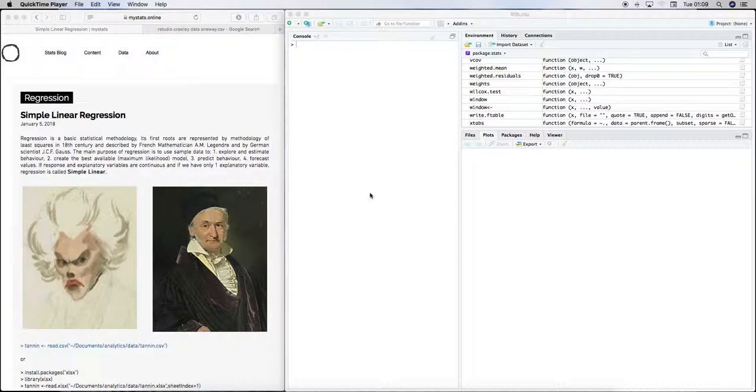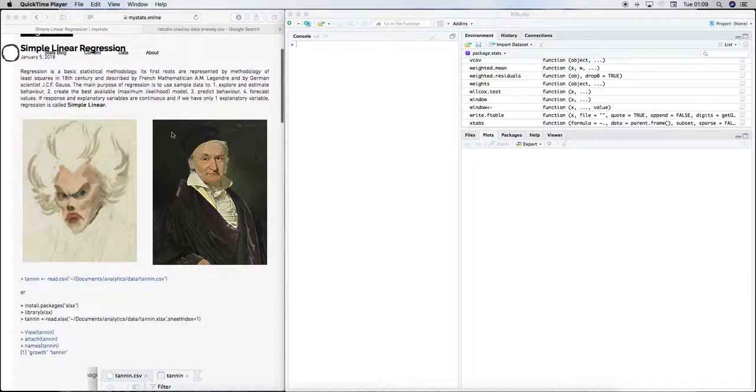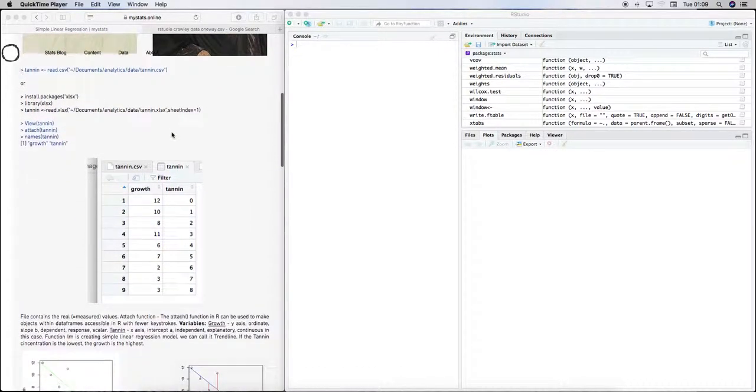If the response and explanatory variables are continuous, and if we only have one explanatory variable, then the regression is called simple linear. So let's try to read the file and explore the example we have here.